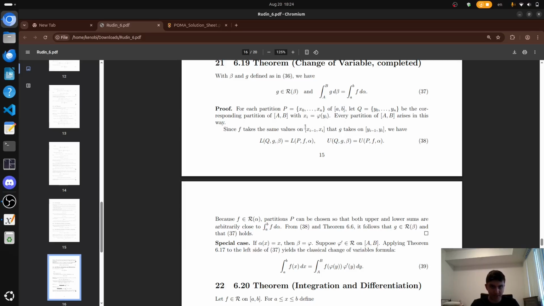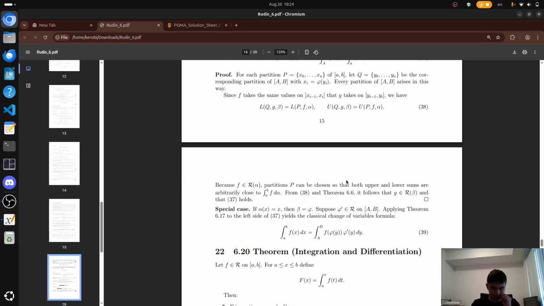Since f takes the same values on [x_{i-1}, x_i] that g takes on [y_{i-1}, y_i], we're going to have L(Q,g,beta) = L(P,f,alpha), and U(Q,g,beta) = U(P,f,alpha). And because f is in R(alpha), partition P can be chosen so that both upper and lower sums are arbitrarily close to the integral of f d alpha over [a,b]. And we're going to get the result.